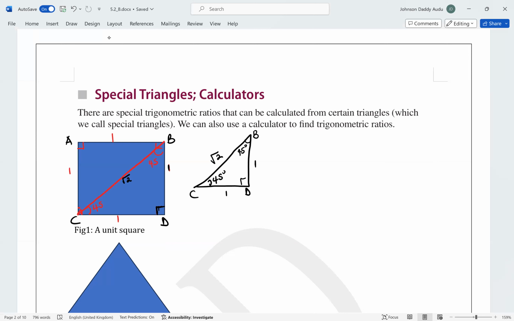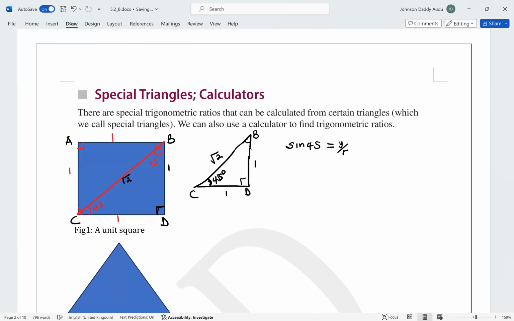So as you can see here, we can find sine 45. If you are considering any of the 45 degree angles, it's your choice because all the angles are 45. Let's maintain the 45 at C. Remember, sine is y over r.